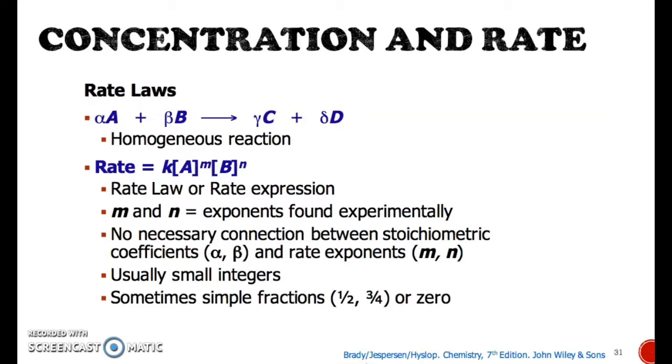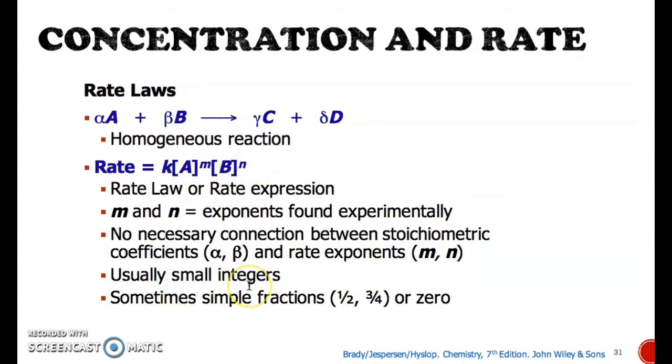For the rate laws, look at this homogeneous reaction. The rate is equal to k, the rate constant, times the concentration of A with exponent m, and the concentration of B for the reactant with exponent n. In the rate law or rate expression, m and n are exponents found experimentally, so there is no necessary connection between the stoichiometric coefficients alpha and beta and the rate exponents m and n.